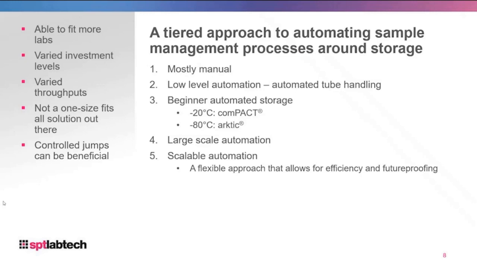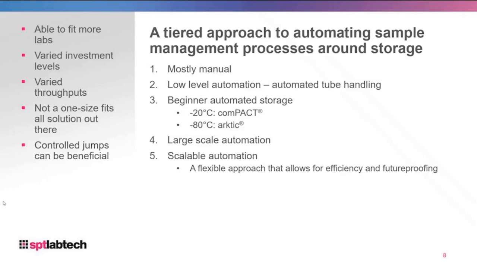So why automation, and why a tiered approach? Obviously, there are varied investment levels within automation. Showing the different approaches can give a better insight into where that investment lies. Varied throughputs. There are full large-scale sample management organizations out there, and there are some quite small labs where it's still high-impact work, but the throughput's just not quite the same.